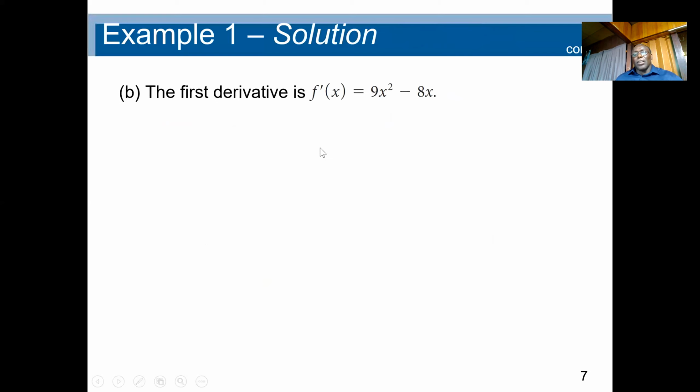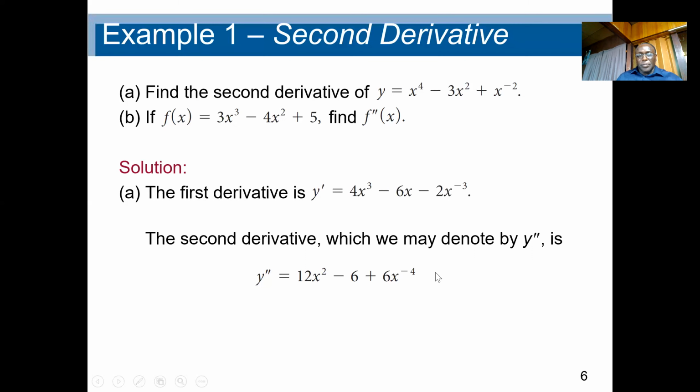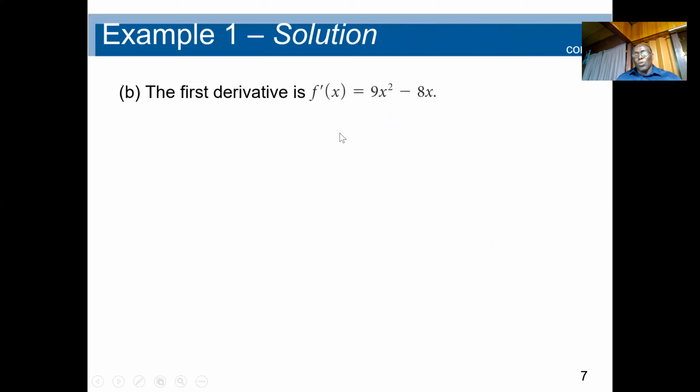So let's try the second example. Let's go back to the question again. The question was 3s cubed minus 4s squared plus 5. So I'll find the first derivative. The first derivative will give me 3 times 3, which will be 9s squared minus 8s.